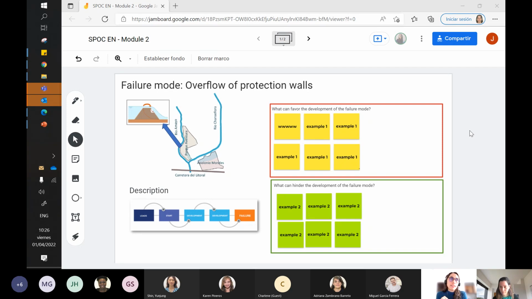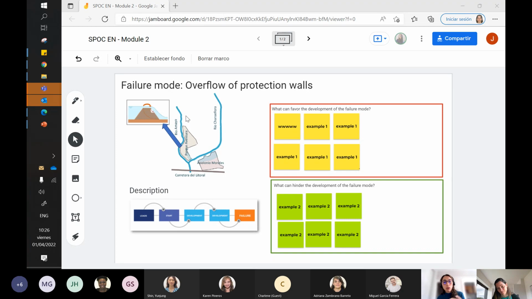So the designers decided to propose to build a flood protection wall along the left side of the river bank to protect the park. And Julia is showing us with the pointer. Yes, exactly. So the design contemplates the protection wall in that bank.